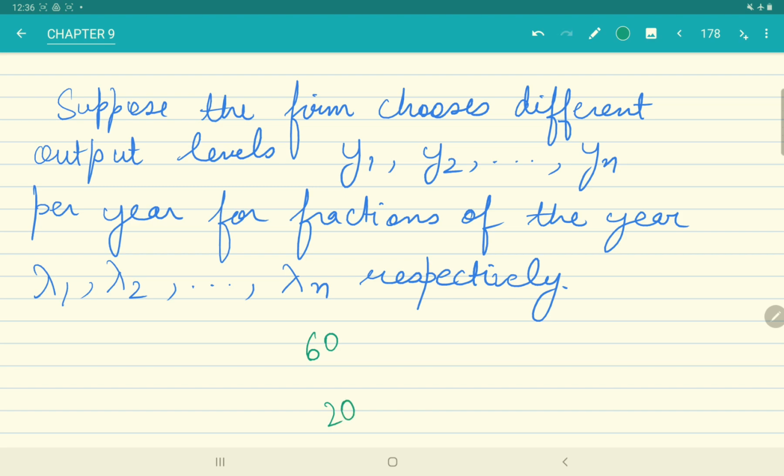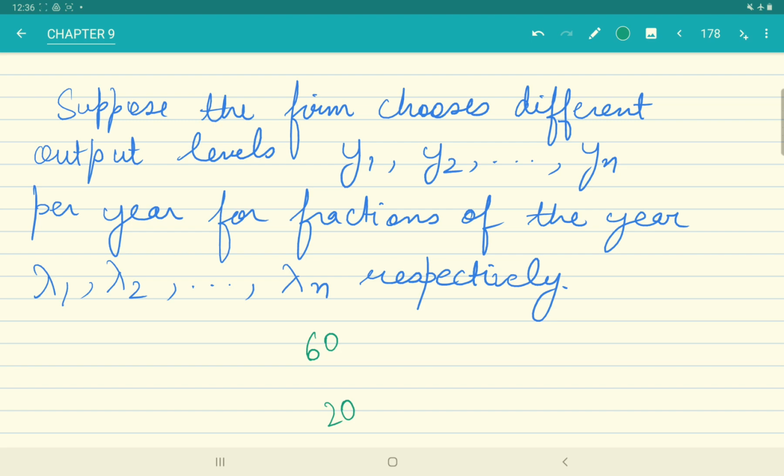In the next, not the next 3 months, the next 4 months. So the first 4 months, the output is 20. The next 4 months, let's say as a firm I choose 18 units of output per year.